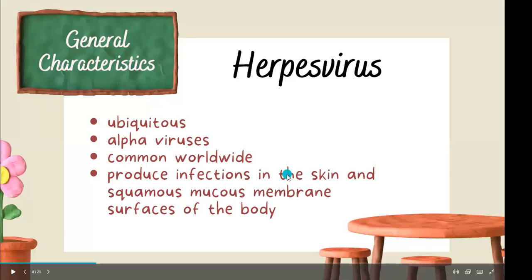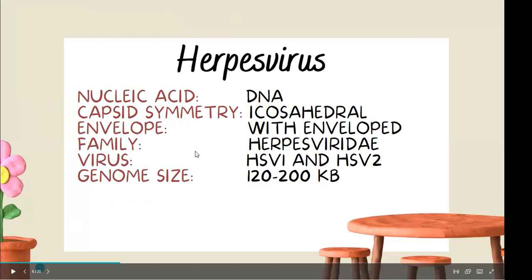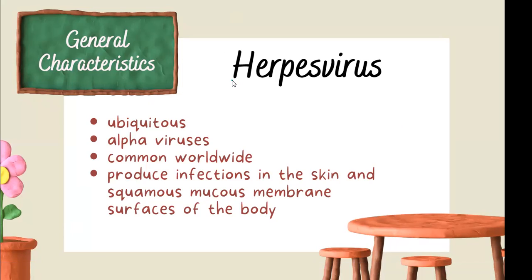Now let's first learn some basics about herpes viruses. Herpes viruses are known to be ubiquitous, meaning they can be found everywhere, anywhere. That is why we need to be more cautious in our environment, because they can be present everywhere.